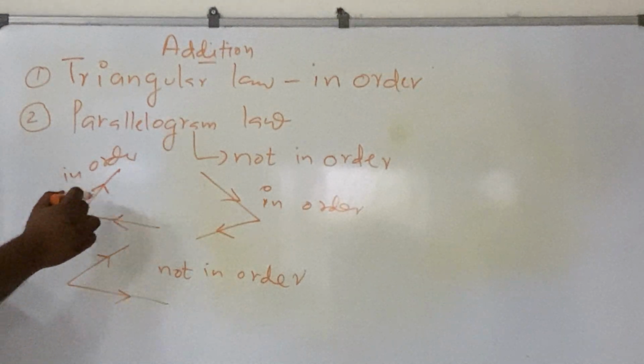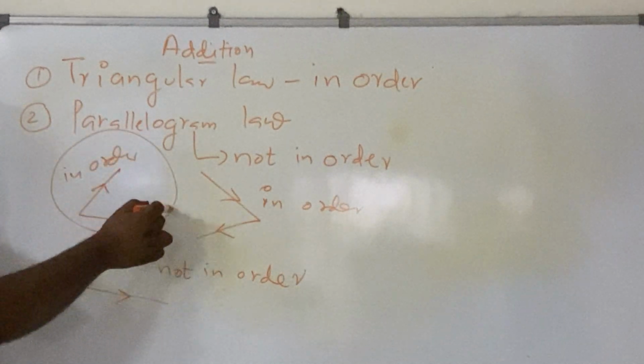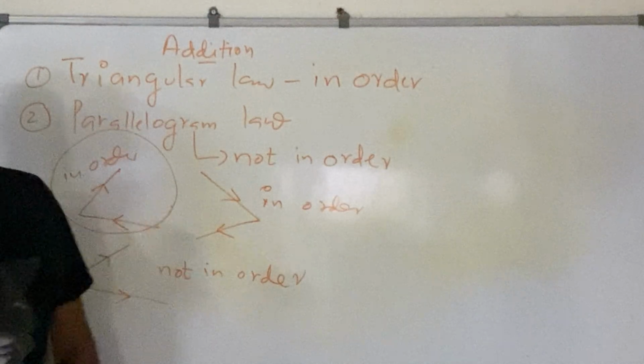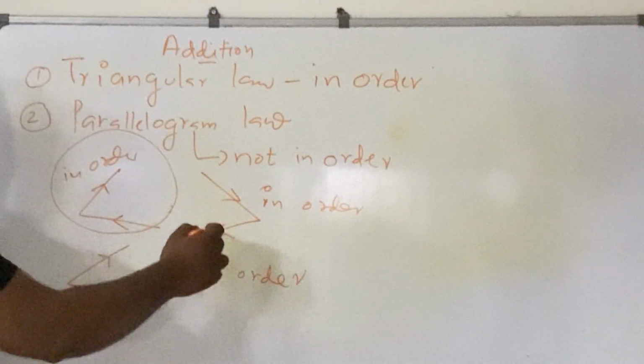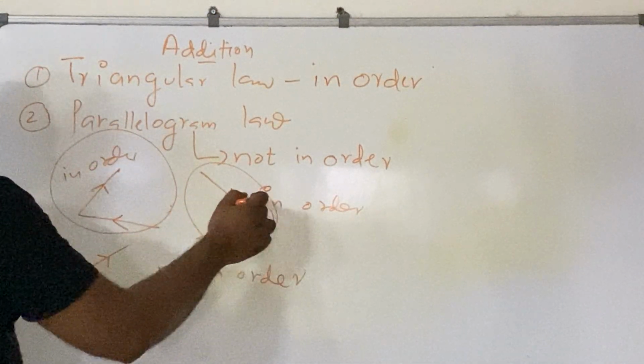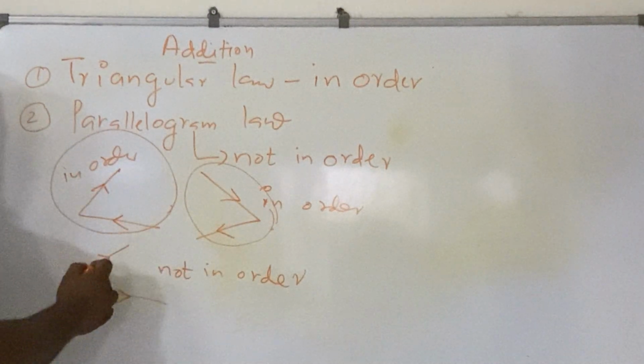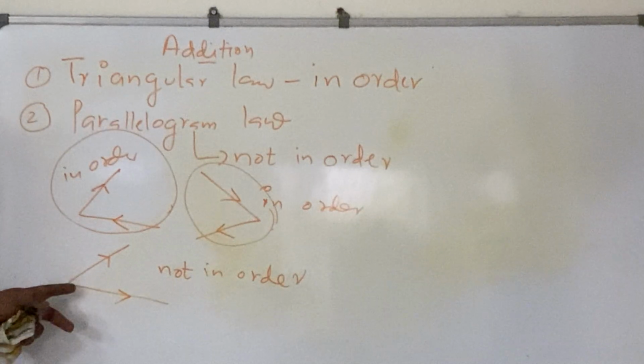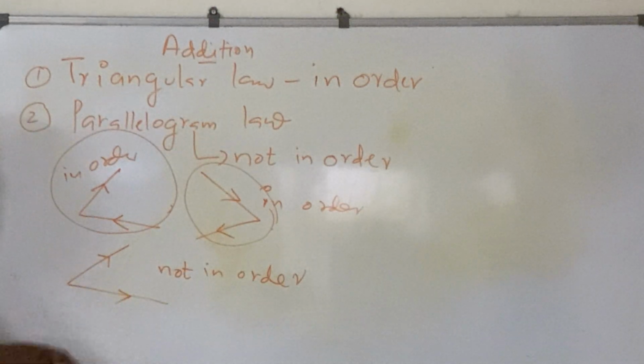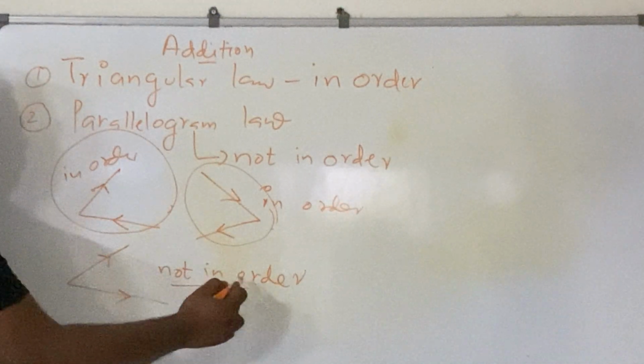So this is in order because both of them are in clockwise direction. This is in order, both of them are in anti-clockwise direction. These two vectors, one is in the clockwise direction and another one is in the anti-clockwise direction, so they are not in order.